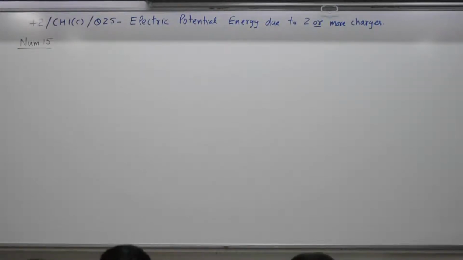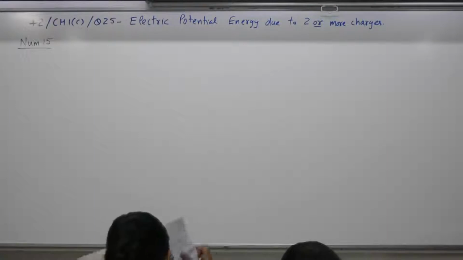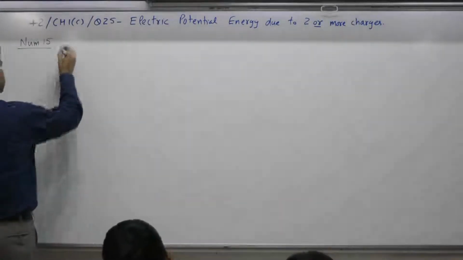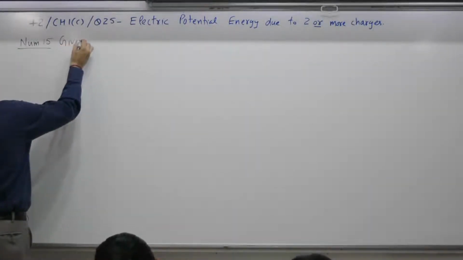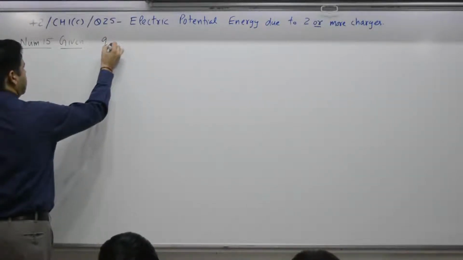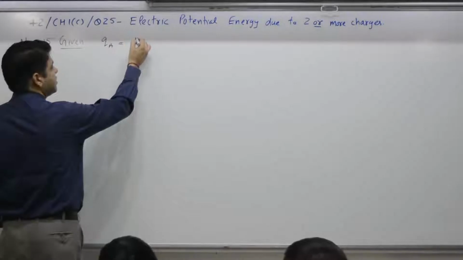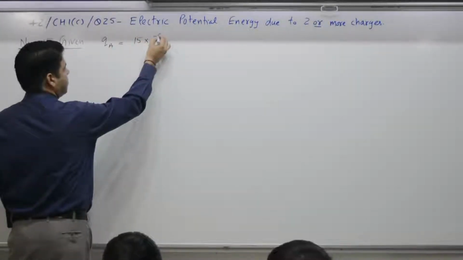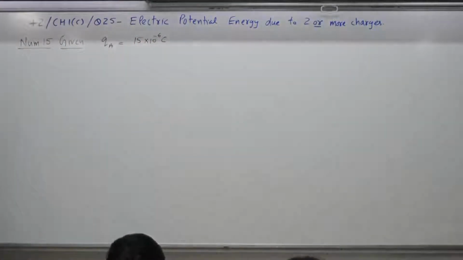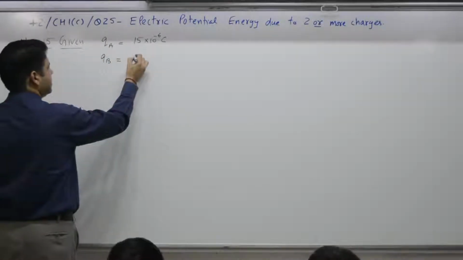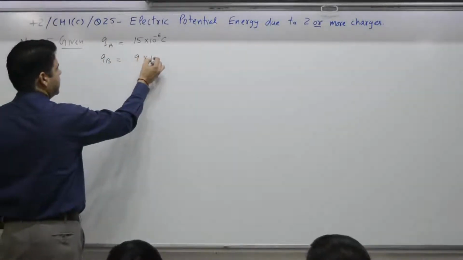Calculate the work done when charge B is moved by 3 centimeter towards A. Given: charge A is 15 microcoulomb, plus, charge B is 9 microcoulomb.